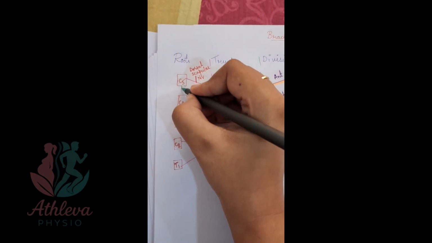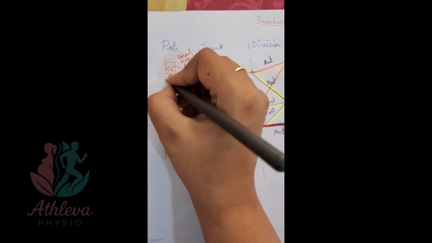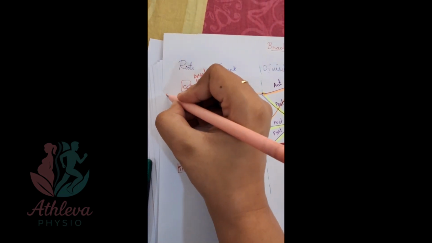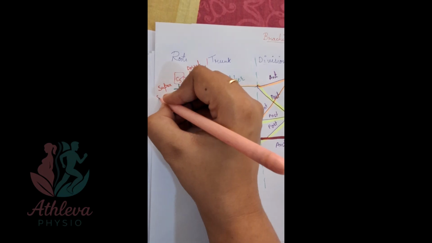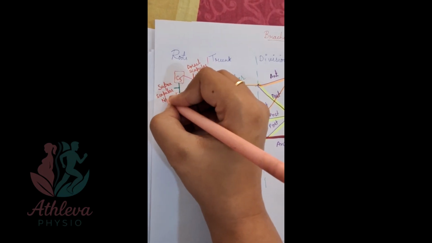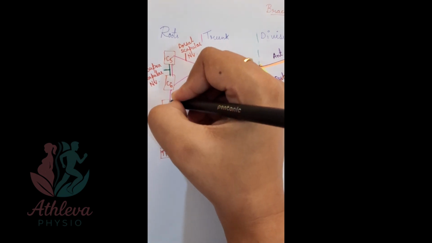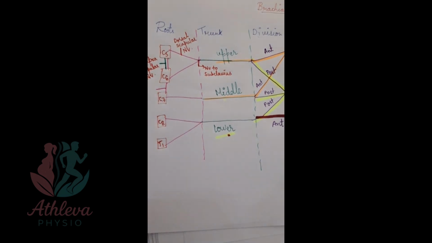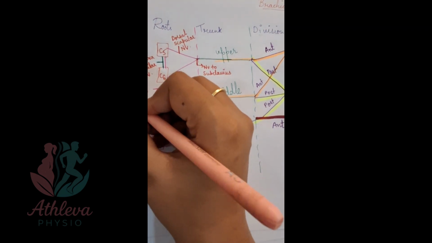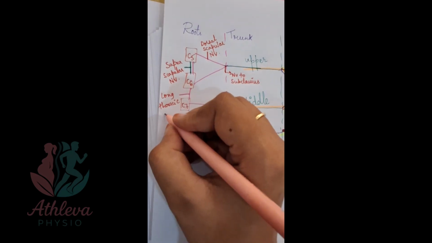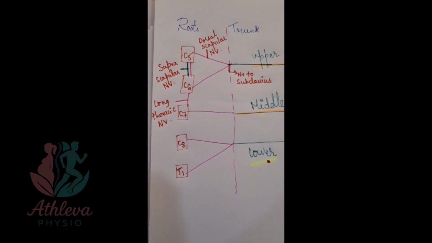Next, C5, C6 will give a branch called the suprascapular nerve. C5, C6 and C7 will give a branch called the long thoracic nerve or nerve to serratus anterior.